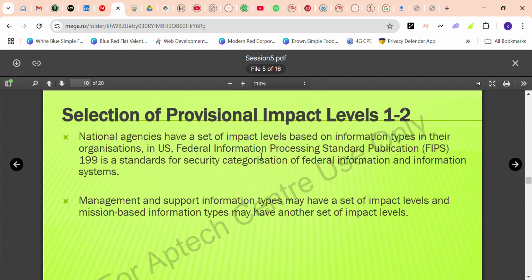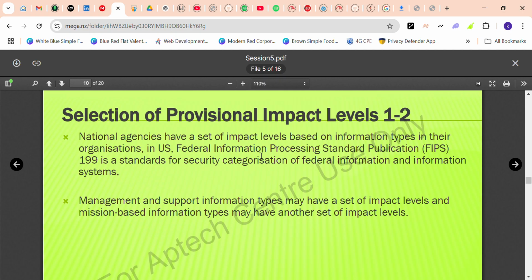So let's talk about selection of provisional impact level. When I'm talking of selection of provisional impact level, national agencies have a set of impact levels based on information types in their organization. In the US, Federal Information Processing Standards Publication FIPS 199 is a standard for security categorization of federal information and information systems.